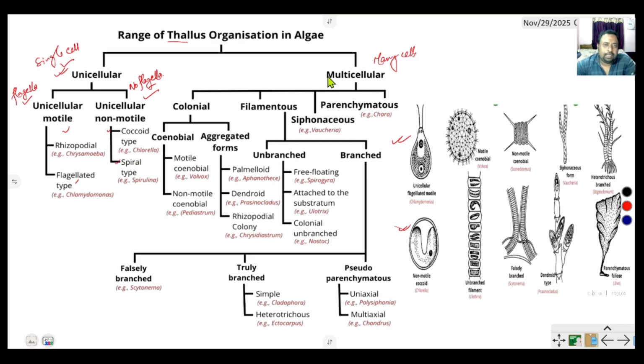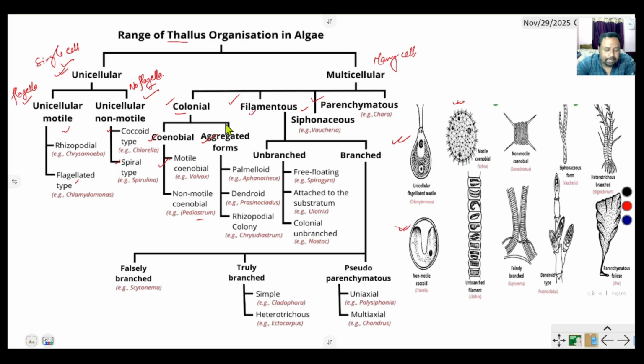Then multicellular thallus is again divided into colonial, filamentous, siphonaceous and parenchymatous types. Colony means when many algae remain in the same place and form a colony, that is called colonial algae, which includes coenobial and aggregate forms. Coenobial is again subdivided into motile coenobial, meaning coenobium with flagella like Volvox, and non-motile coenobial, meaning coenobium without flagella like Pediastrum.